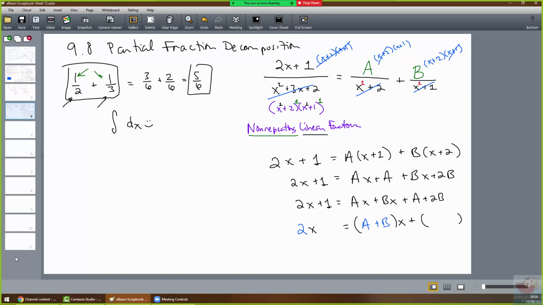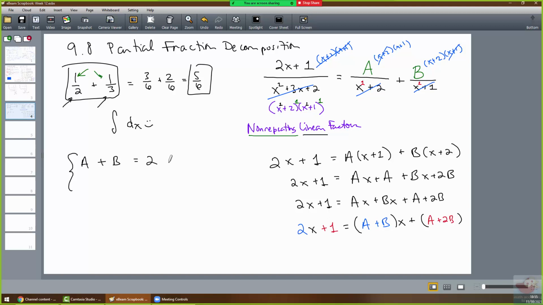I'm using colors on purpose to help emphasize what's about to happen. So all I did was pull out the x. On the right, the coefficient of x is the expression A plus B. On the left, the coefficient of x is 2, which means that A plus B must equal 2.